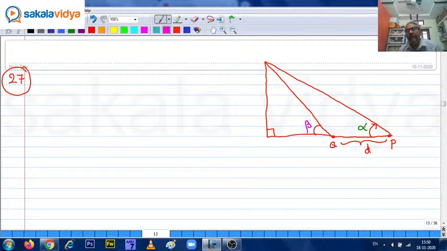See, if you go backward, the angle decreases. If you come forward, the angle increases.